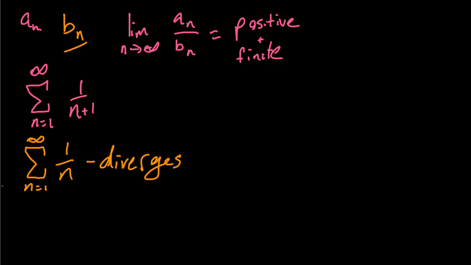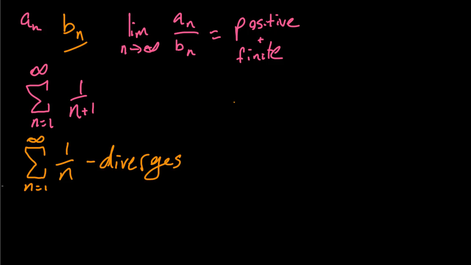So 1 over n plus 1 is always going to be less than 1 over n. And by our direct comparison test, knowing that 1 over n diverges doesn't really tell us anything about 1 over n plus 1. If 1 over n converged, then we would know that our smaller series also converges, but that's not the case. So this is why we're going to do our limit comparison test.